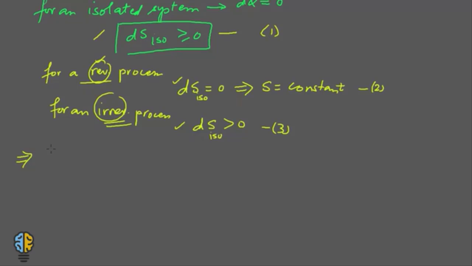So if I write it down, it says that the entropy of an isolated system can never decrease.